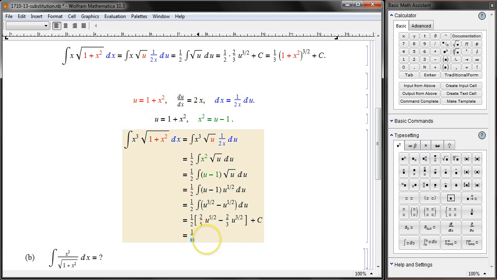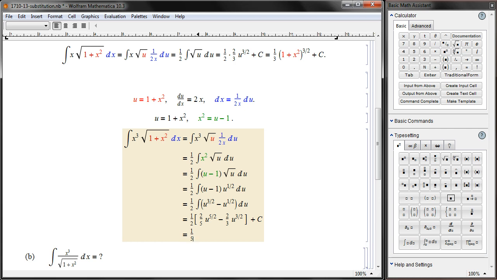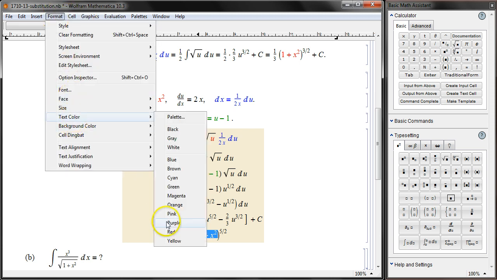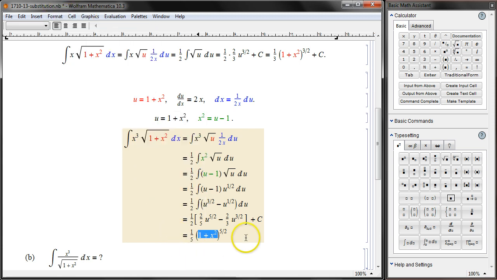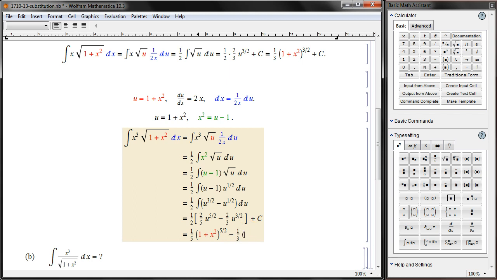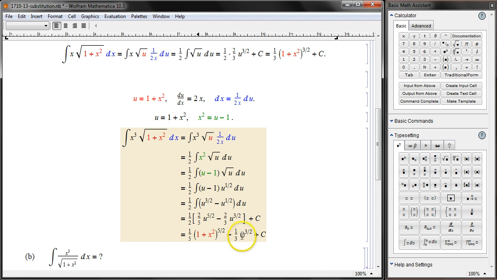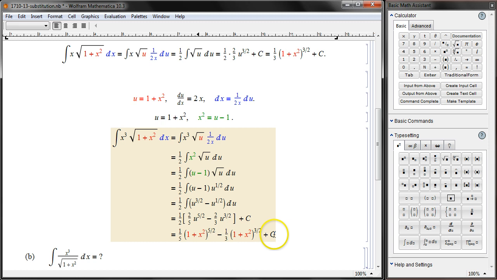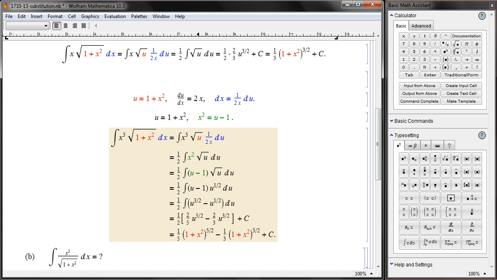So this is 1/5 times the 5/2 power, but of 1 plus x squared. And then minus 1/3 times the 3/2 power. And I need 1 plus x squared here. Okay, there goes the full computation of the problem.